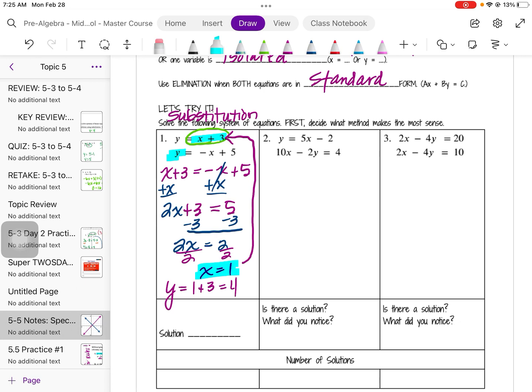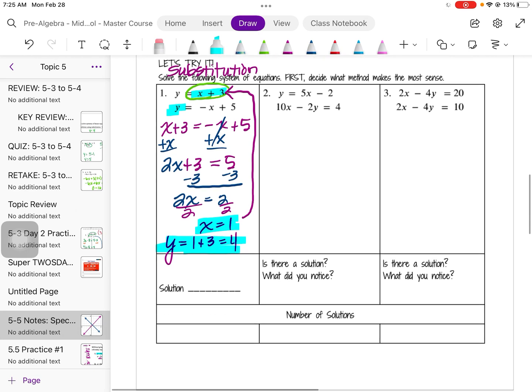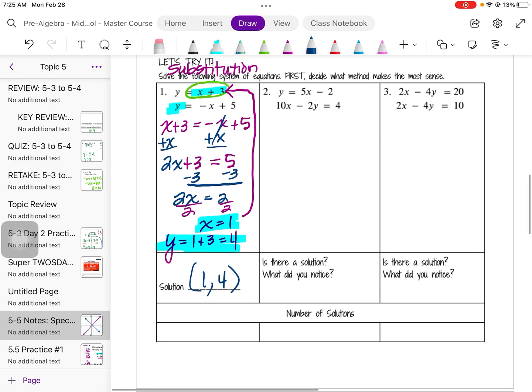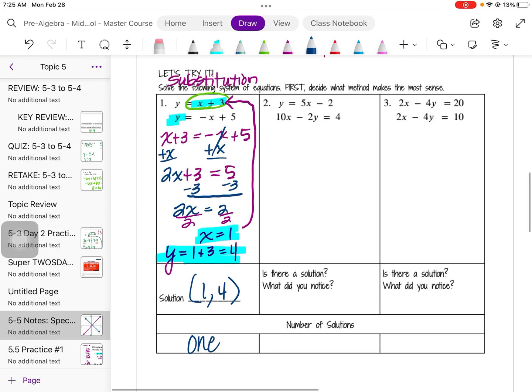So I now know the value of x and the value of y, and I'm going to write my solution as an ordered pair. x is 1, y is 4. So my solution is (1, 4). And that was a one solution equation. Not that you need to clearly state that, but it's just helpful to know.